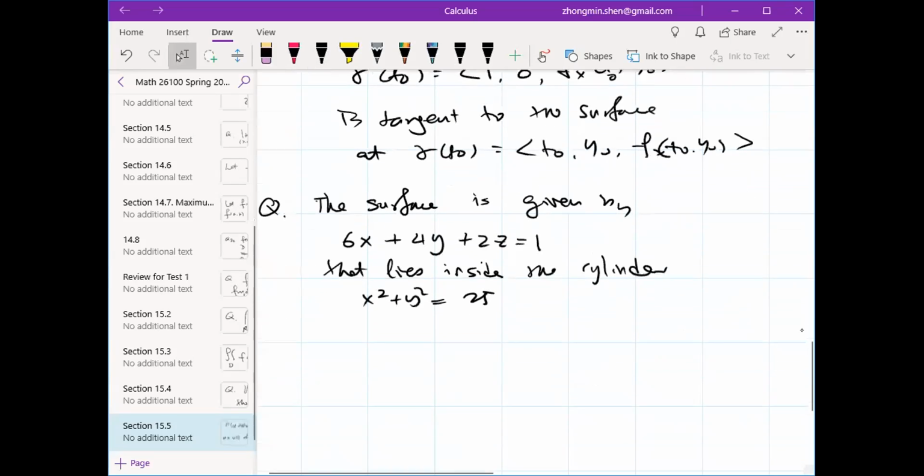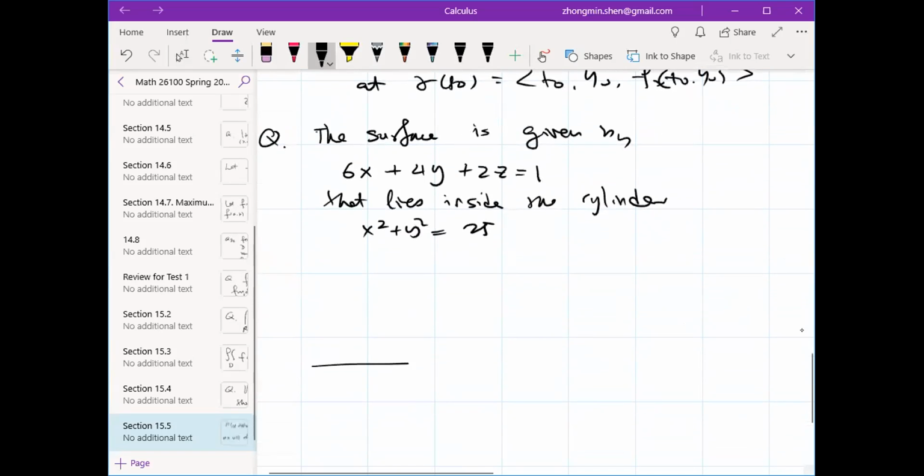All right, so we want to study this. We want to figure out the surface there. So this is a cylinder. It's better to draw the graph. Now it's harder to draw the graph for this plane. This is a plane, but the normal vector to this plane points in that direction.